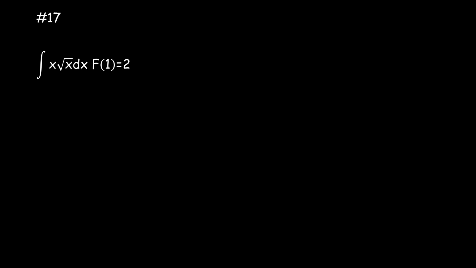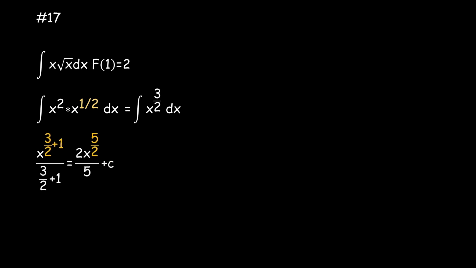Okay, so we are going to rewrite the equation as x squared times x to the power of half, so that it's easy to see the indices and add them up, and that gives us x to the power 3 over 2. And now we integrate with respect to x, and we simplify the fraction. That will give us 2/5 x to the power of 5 over 2 plus c.